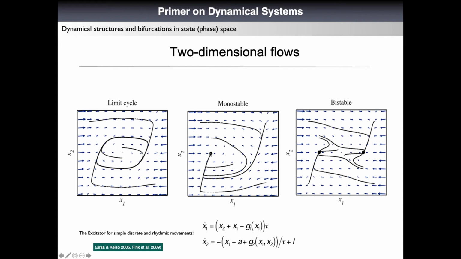If we change a little bit the parameters, though, we have a different structure with a stable equilibrium point here. And so wherever we start, we're going to end up there. And if we could focus here, there would be a line where if we are a little bit on this side, we make a small excursion and we arrive at the equilibrium point. If we are a bit further up, we do a large excursion and we arrive here.